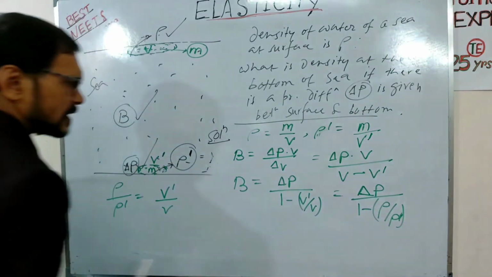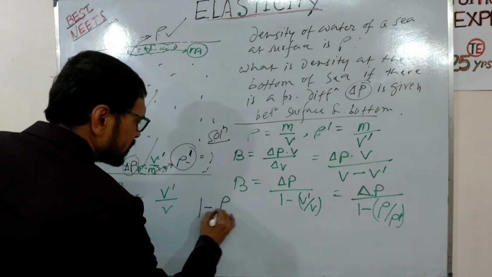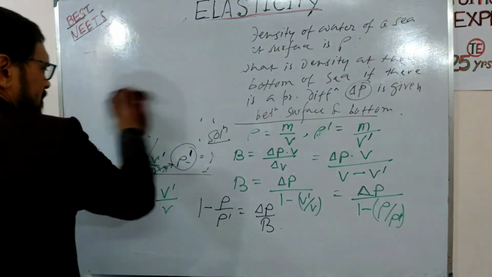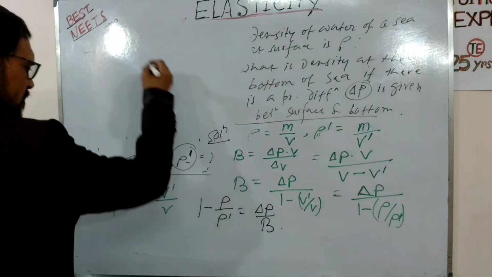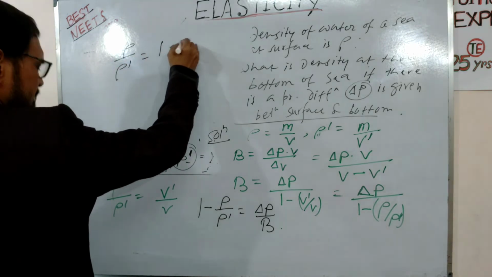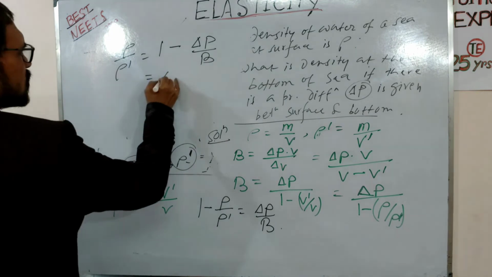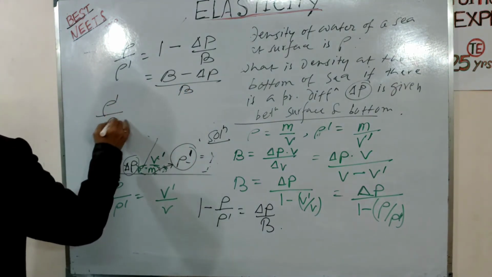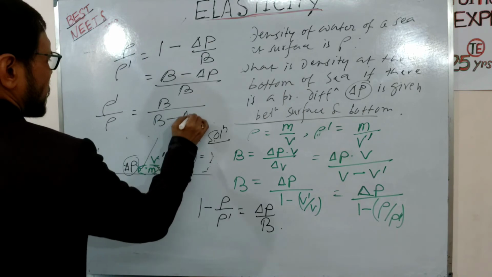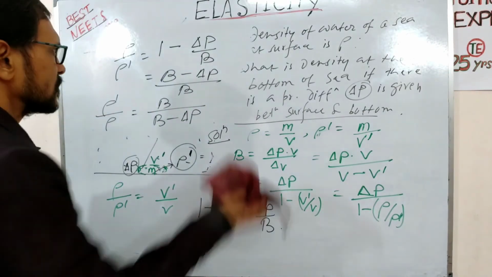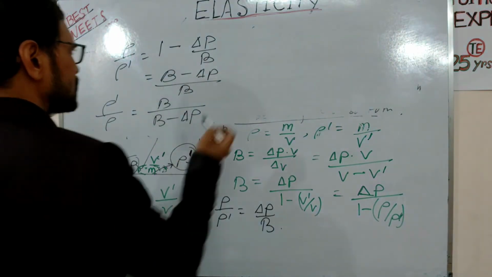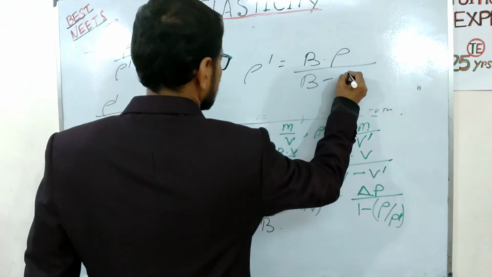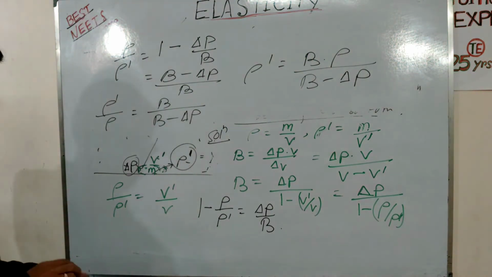So bulk modulus equals this. Now 1 minus rho by rho dash equals del P by B. So rho by rho dash equals 1 minus del P by B. So the answer is rho dash equals B into rho divided by B minus del P. Every term is given, so this is the formula.